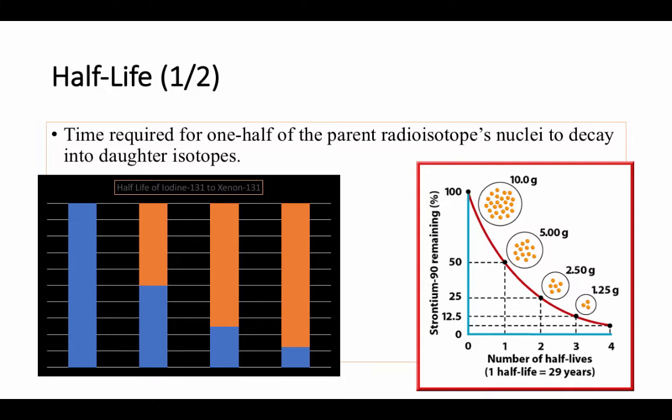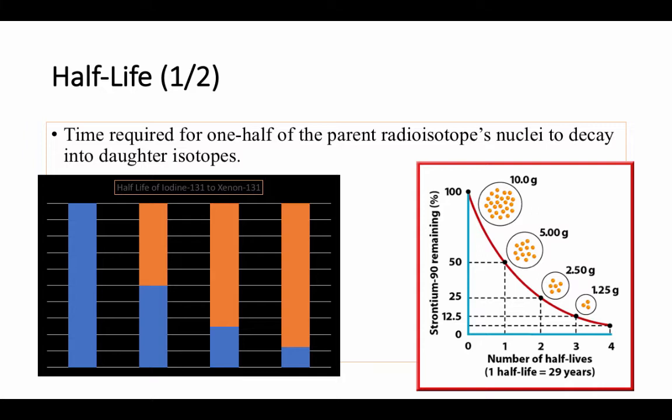So for this one, we're dealing with strontium-90, and you start off at the very top on the y-axis at 100%. After 29 years, which is one half-life, you now have 50% strontium-90 and 50% of the daughter isotope.